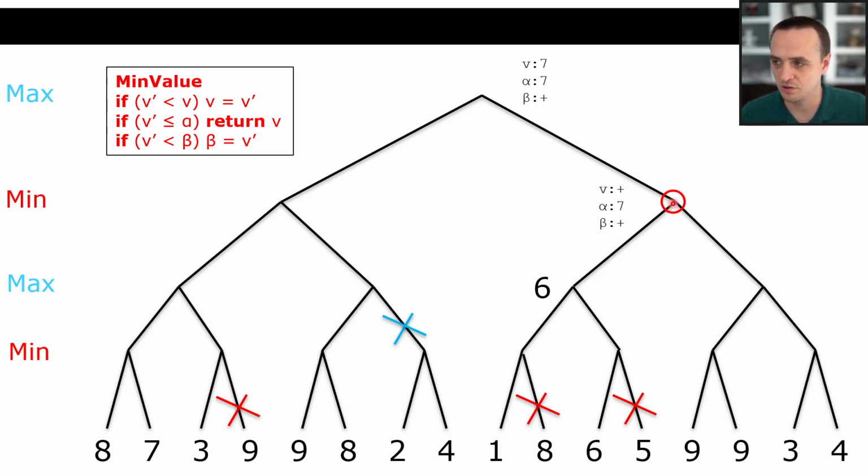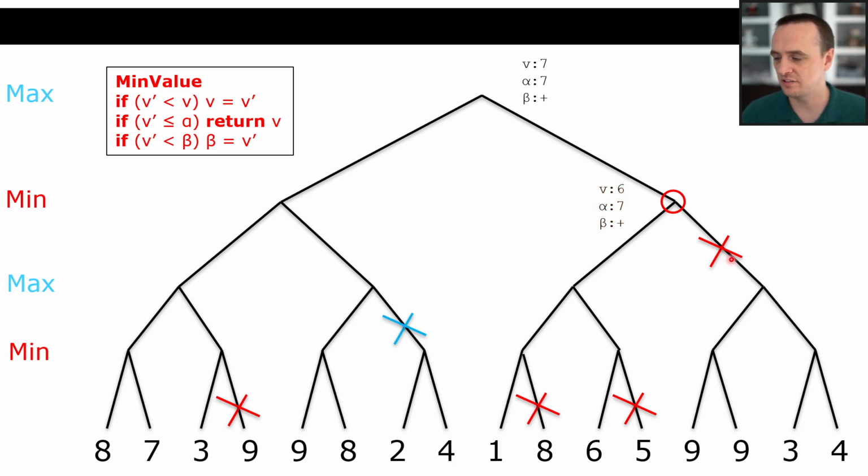So this value is going to be less than or equal to 6 no matter what else is computed, because it's minimizing over 6 and a bunch of other stuff. It's going to be at most 6. But this one wants it to be at least 7. So the alpha-beta cut here says if this value is less than the alpha that I already have, then I can just return the value, because nothing over here is going to matter.